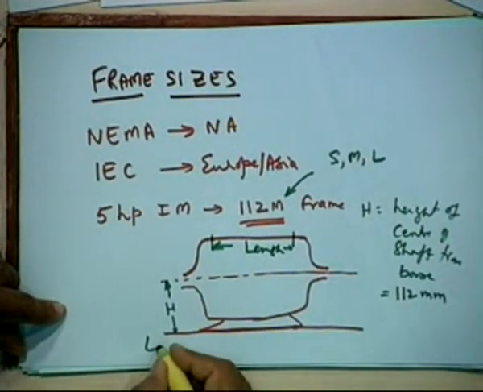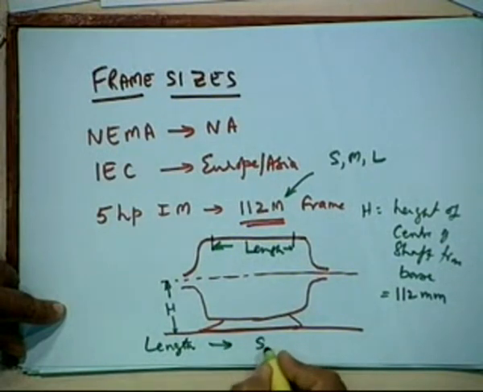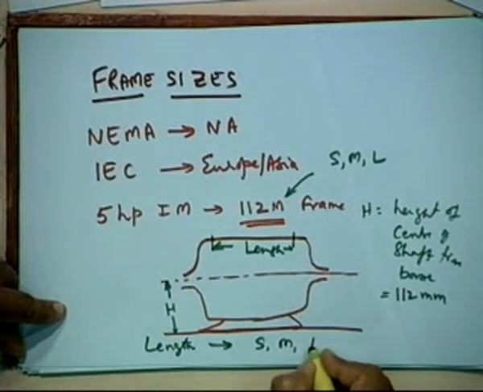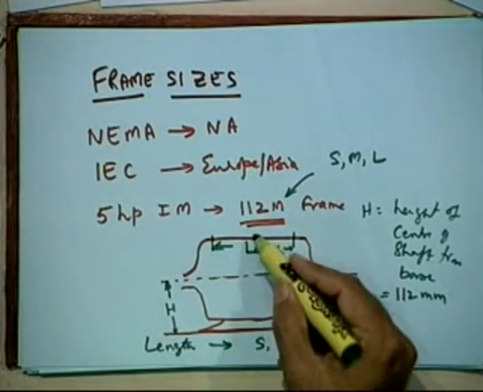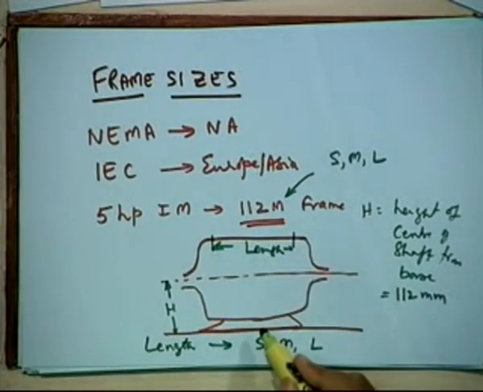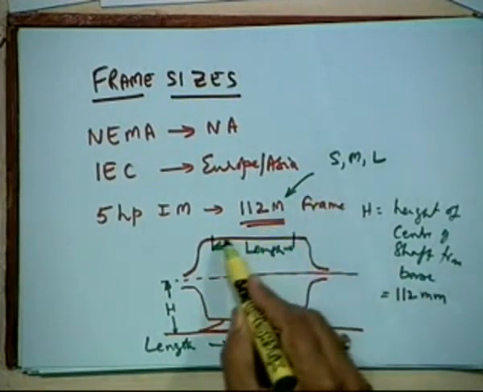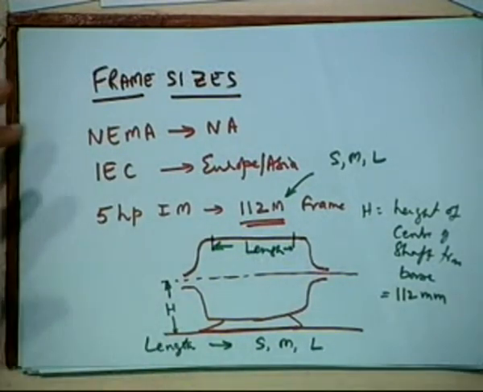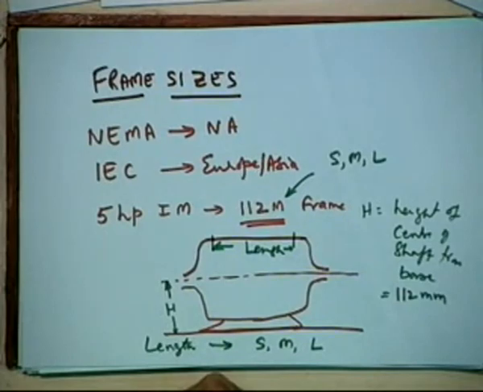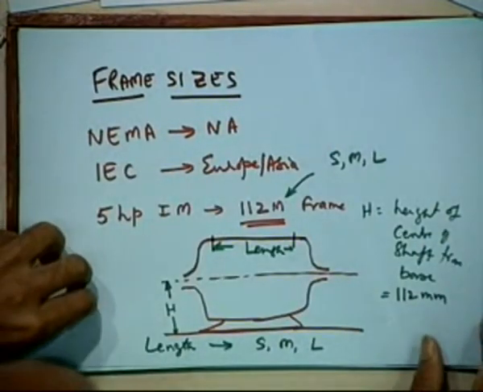So length depends upon whether it is S, M or L. You will notice that H decides broadly the diameter, right? And this decides the length. So these are all standards which are available as frame sizes.